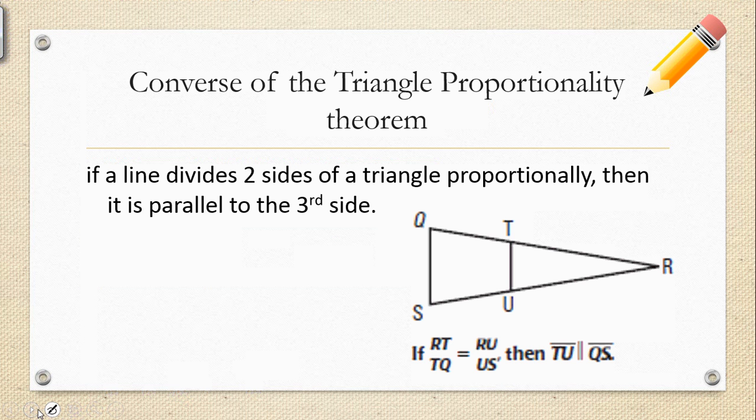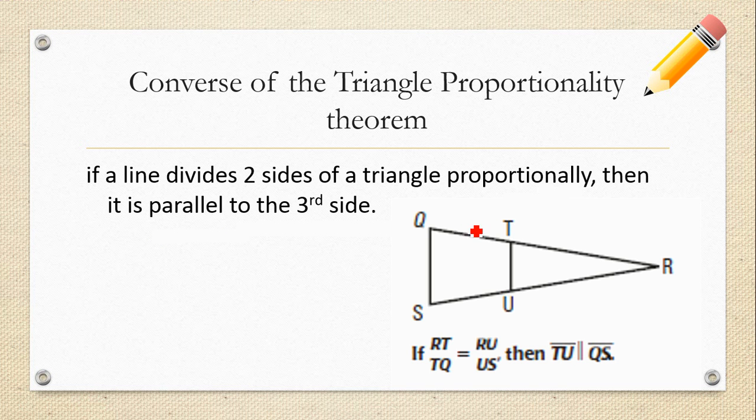All right, so let's go ahead and take a look at another theorem that we can get into your notes. This one is the converse of the triangle proportionality theorem. This is basically the reverse of what we just said. We just said that if you had a line running parallel to the third side, then you knew that the side lengths would be proportional. But here it says if a line divides two sides of a triangle proportionally, then you know it's parallel to the third side.